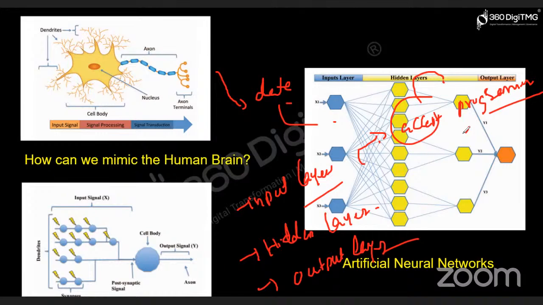The input goes through a series of transformations. Whatever input we are giving to the artificial neural network goes through a series of transformations using the hidden layer, which finally results in an output.